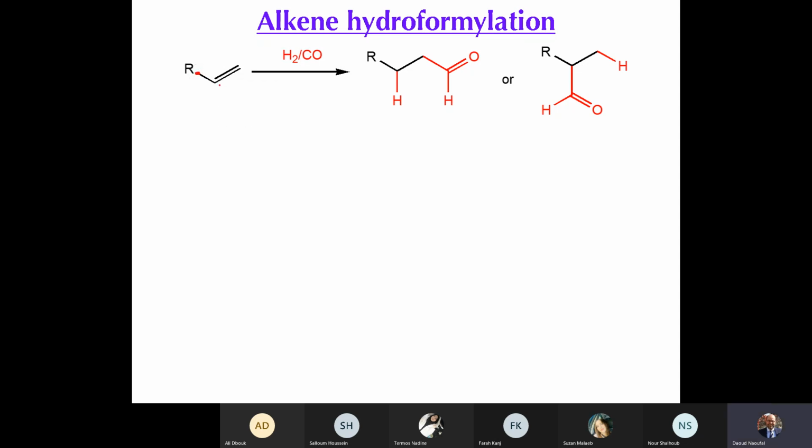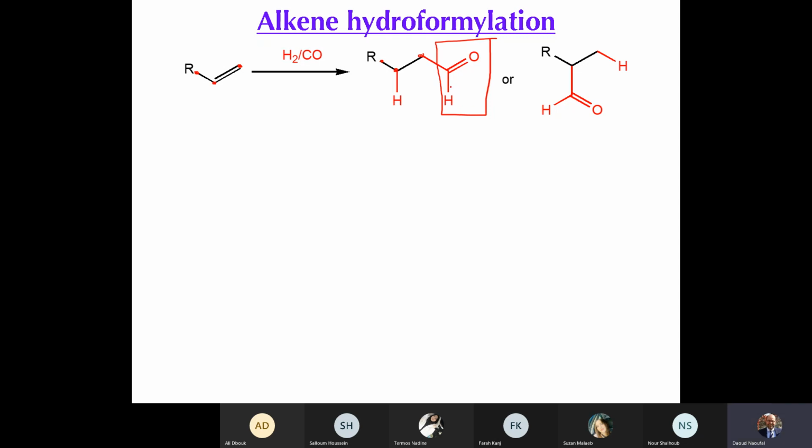This is carbon 1, carbon 2, carbon 3. So we have 1, 2, 3, and we add a new fragment, which is the COH.